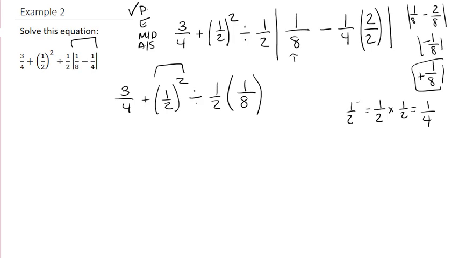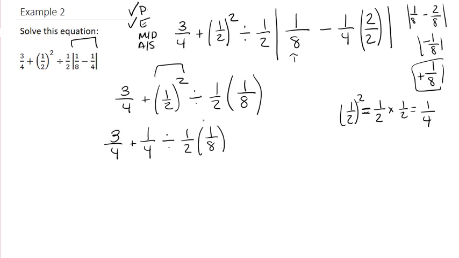So this is when it's 1/2 raised to the second power. So therefore, now we can rewrite this as 3/4 plus 1/4 divided by 1/2 times 1/8. So now we've dealt with the exponents. So now we need to multiply and divide.